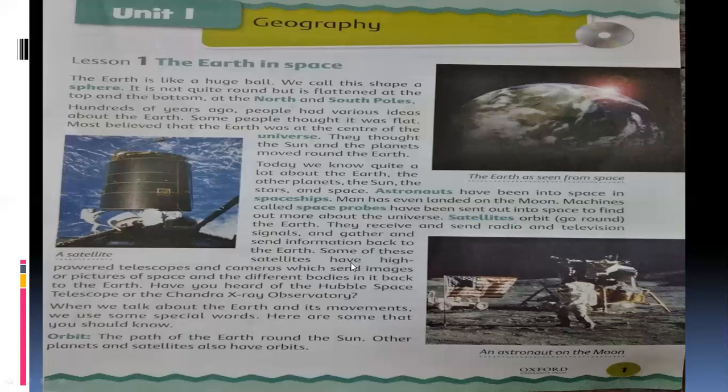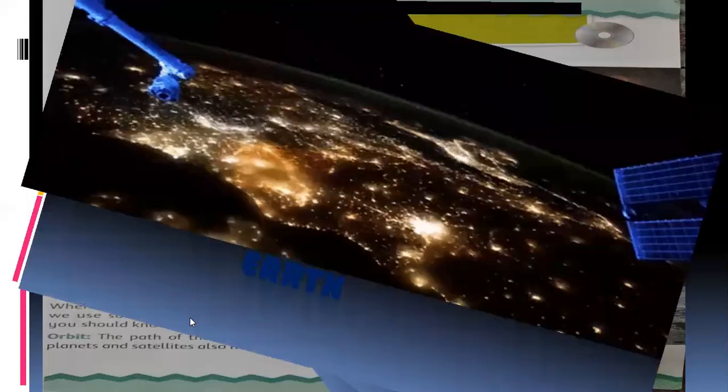Some of these satellites have high-powered telescopes and cameras which send images or pictures of space and the different bodies in it back to the earth. Have you heard of the Hubble space telescope? It is the biggest telescope in space, or the Chandra X-ray Observatory. Observatory means observation. They sit over there, work over there, and get information and see what is around.